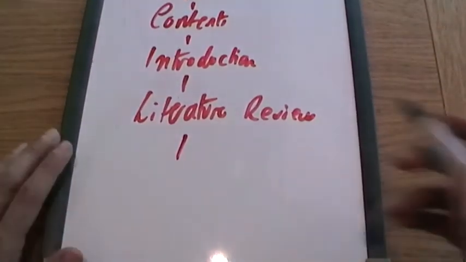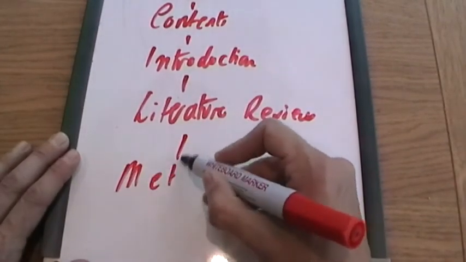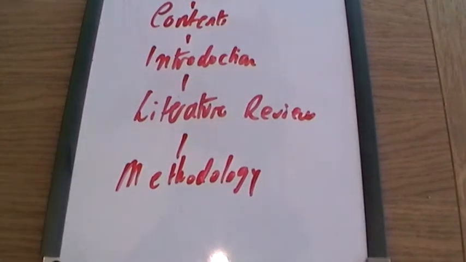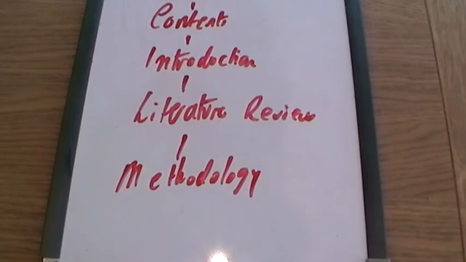Next is your methodology. Now your methodology will go through, well, at master's level it might go through your epistemology, what your ideology is, your underpinnings for doing the type of research you are doing.